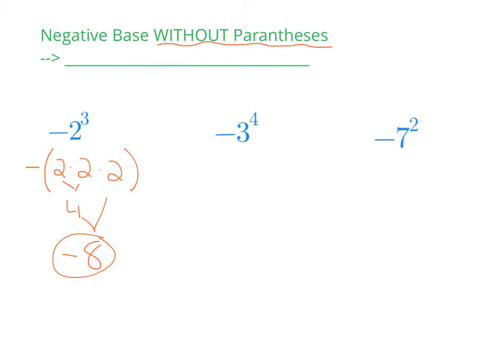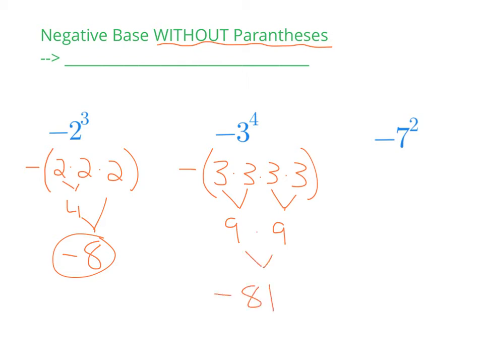Alright, negative 3 to the fourth. So we're going to do 3 times 3 times 3 times another 3, and then make it negative. So 3 times 3 is 9. This 3 times 3 is 9. And 9 times 9 is 81. And then bring the negative down.